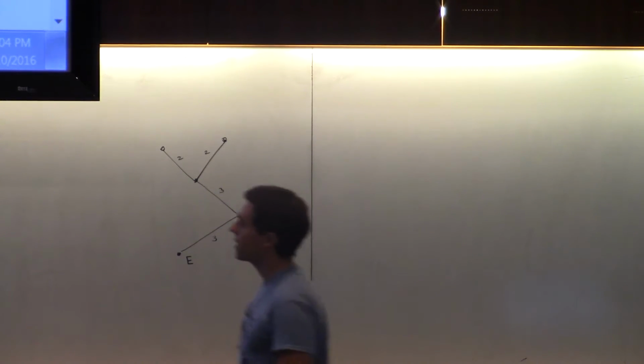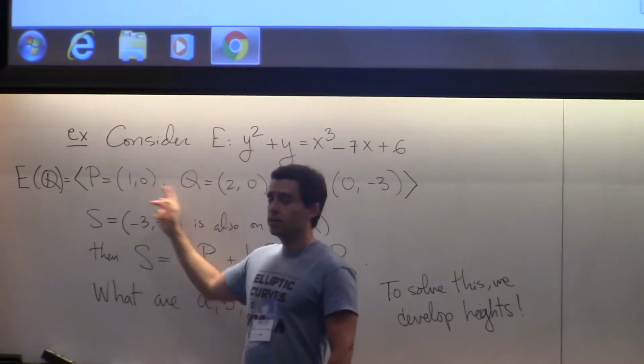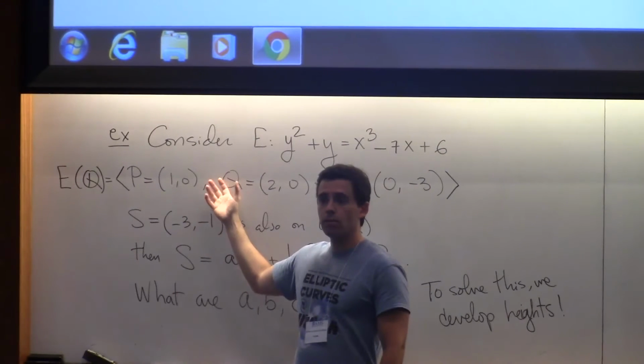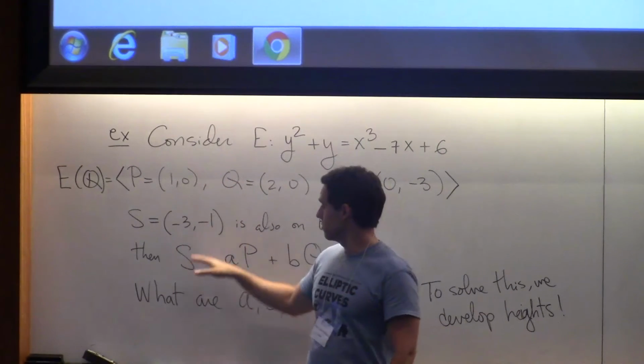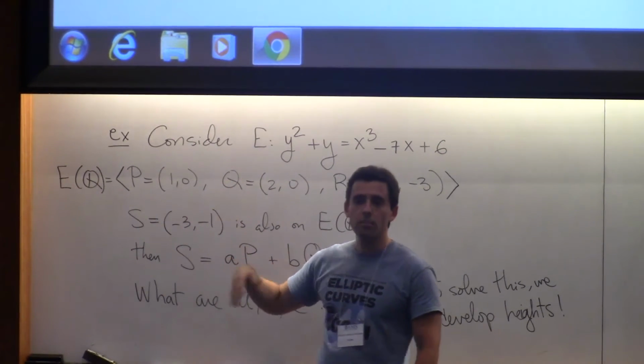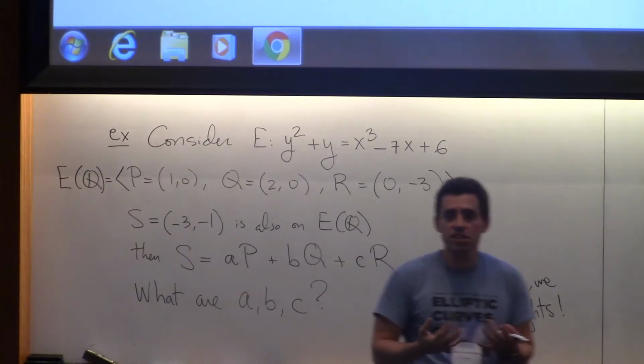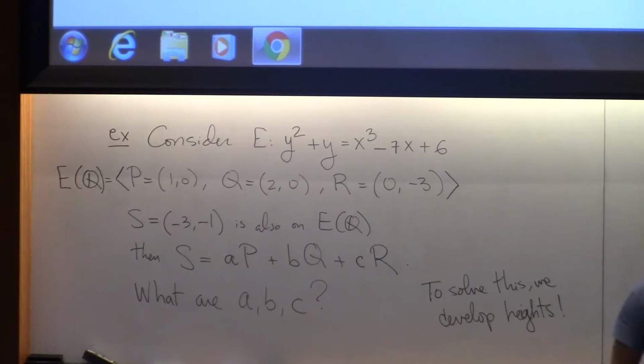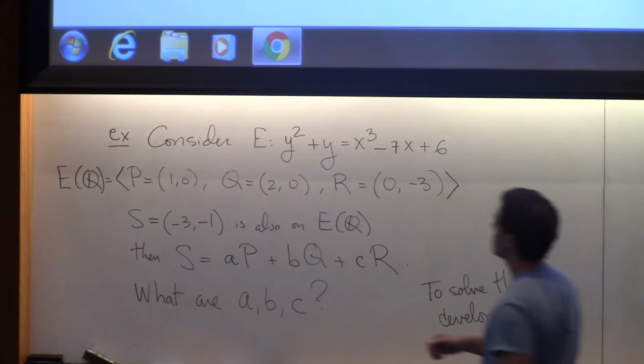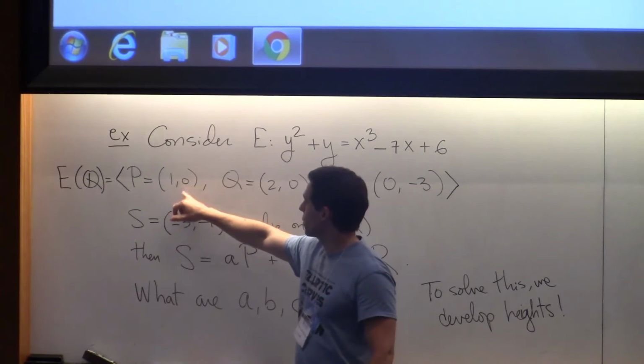So our hope is that if we add points of small height, we're going to get other points of larger height. By height I mean the number of digits that I have to use to express my number. So this is 0, that's as low as you can go.